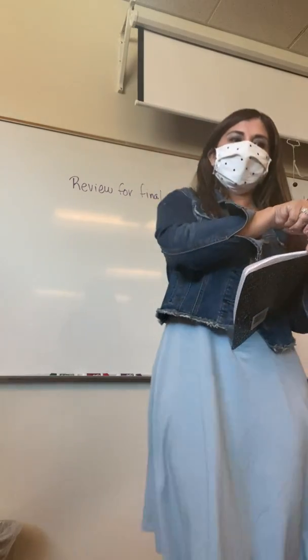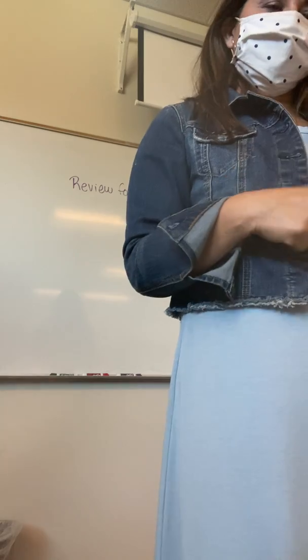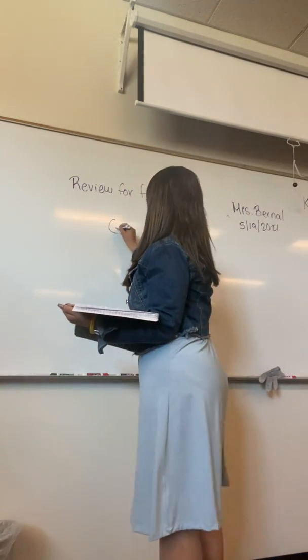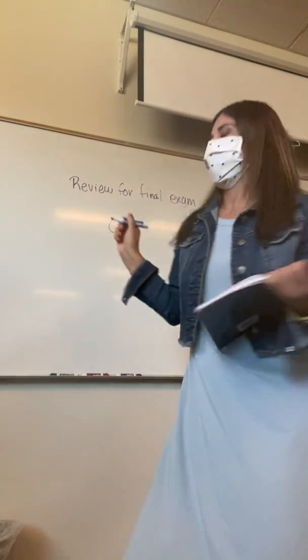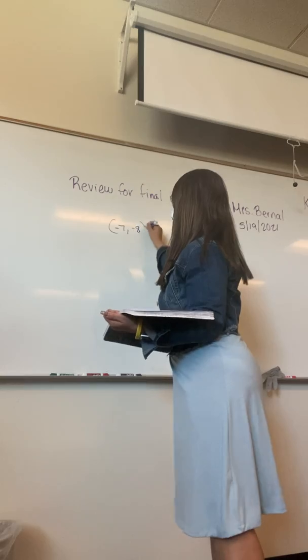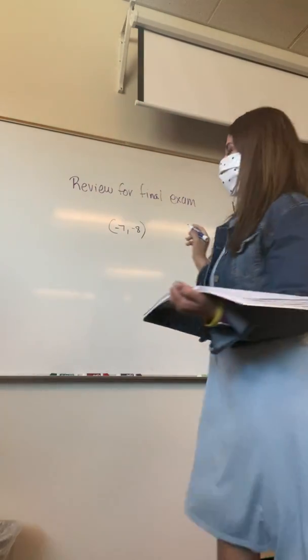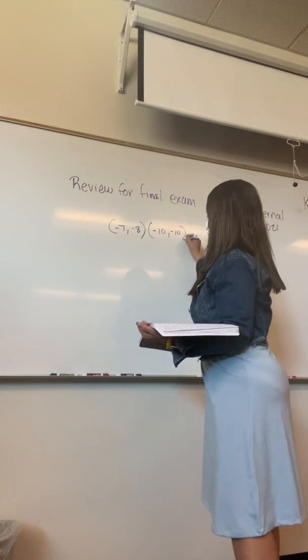Okay, number 4, like I said, is asking us to find the slope of the given following 2 points. Okay, they're giving us -7, -8 and -10 and -6.